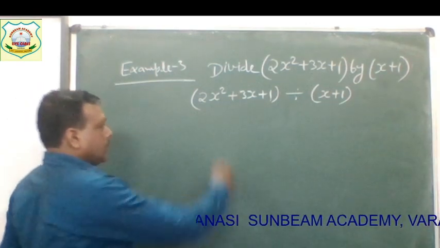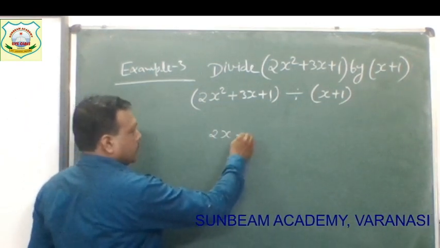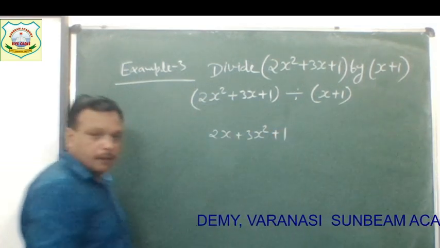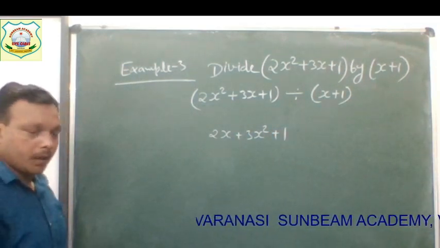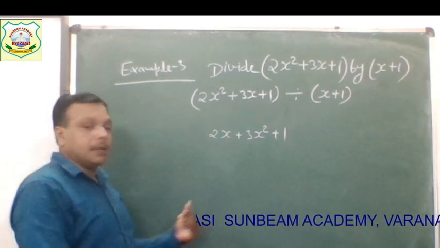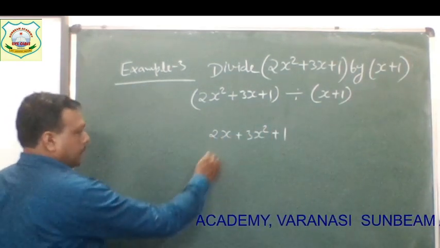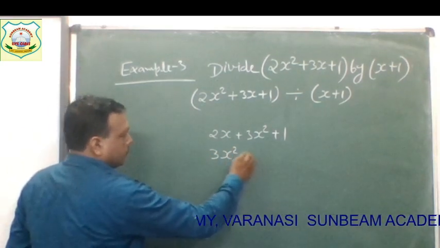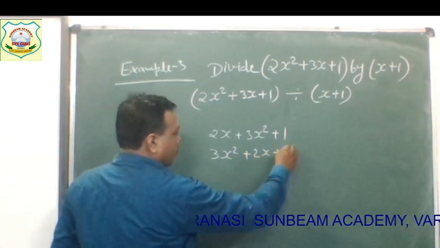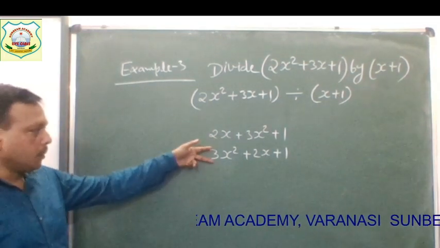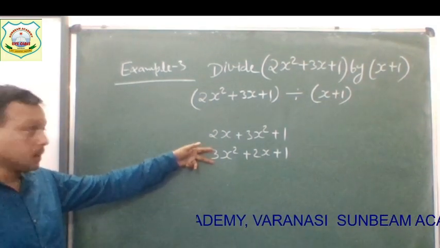If suppose 2x plus 3x square plus 1 is given, then we have to change it in the form of decreasing exponent, like 3x square plus 2x plus 1. This way we will write the same expression. Clear students, in the division part?